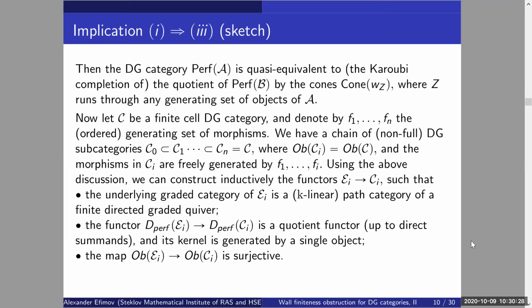And this equivalence between 1 and 3 was known for quite some time to some people. I think it wasn't published anywhere, but I think I knew it already in 2012, and probably Maxim Kontsevich knew it even earlier than that.